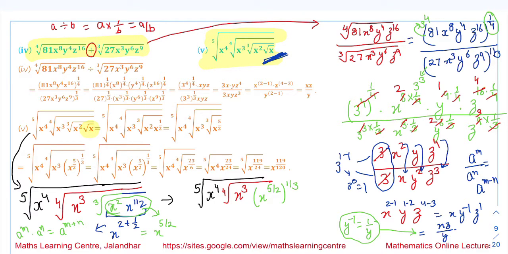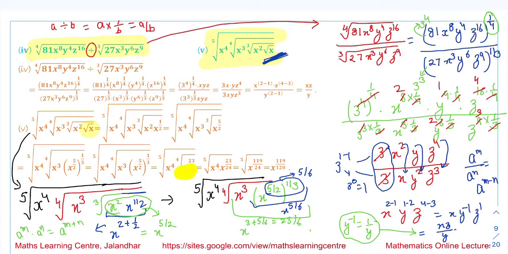When the power is 1 by 3, these two powers get multiplied, and the answer we will get is 5 by 6. So this value will become x raised to the power 5 by 6, and this whole value will become x raised to the power 3 plus 5 by 6, and 3 plus 5 by 6 means 23 by 6.